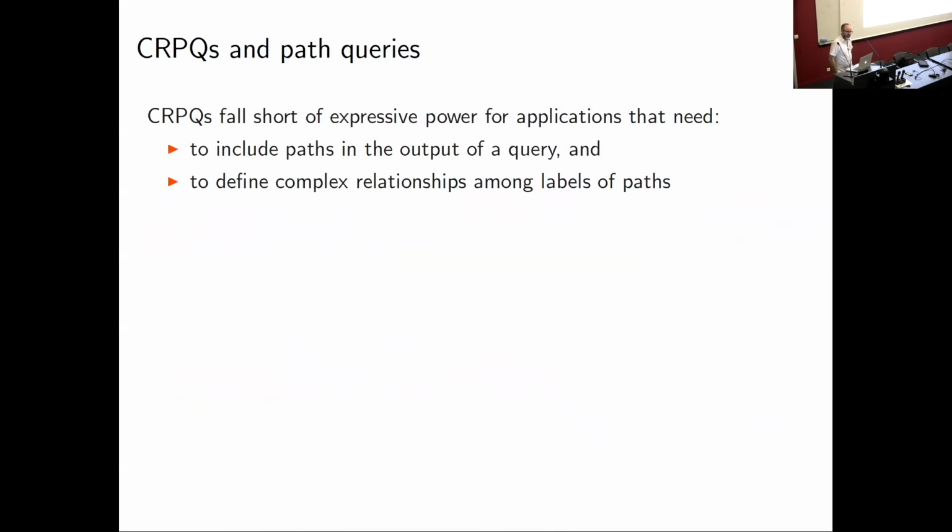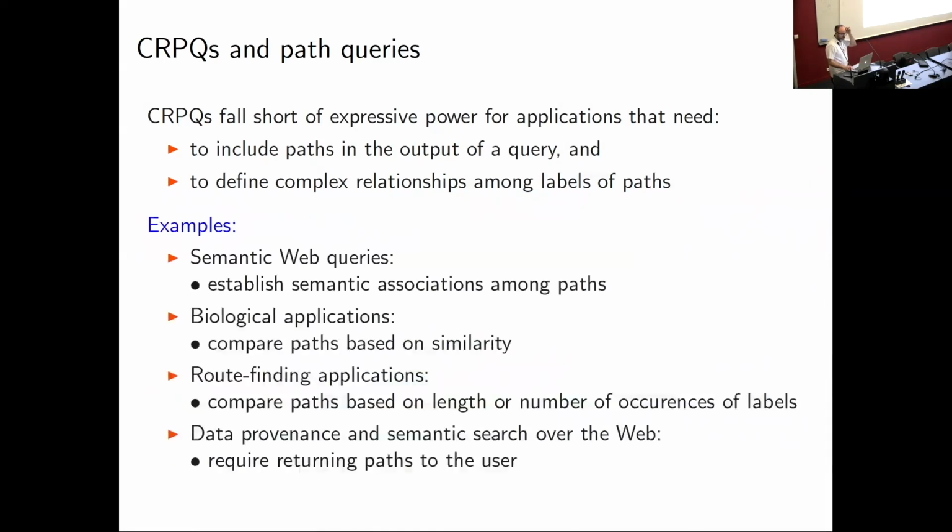Okay, something that has appeared here somehow is that conjunctive regular path queries fall short of expressive power for applications that need to include paths in the output of a query, which is something Floris mentioned before, and to define complex relationships among labels of paths. There are many examples in which this is needed. For instance, for semantic web queries, you want to establish semantic associations between different paths in the RDF database.